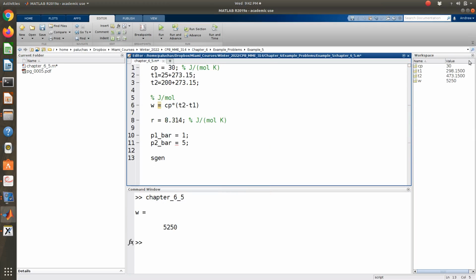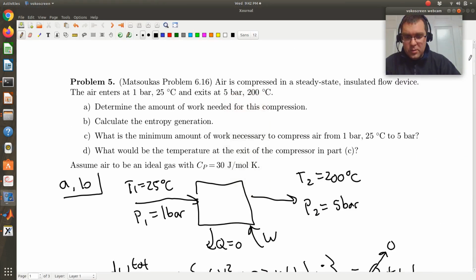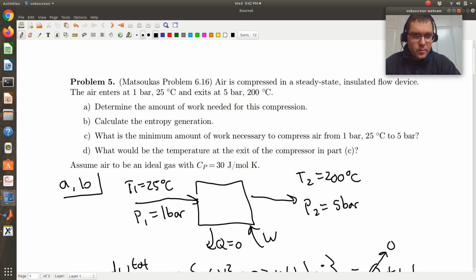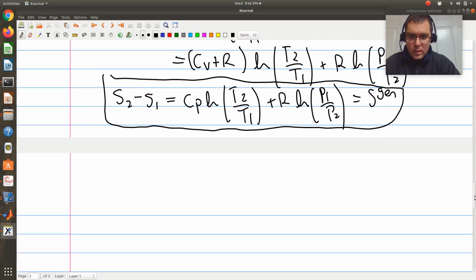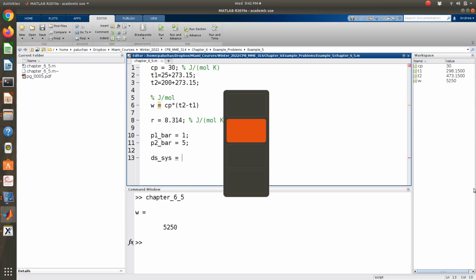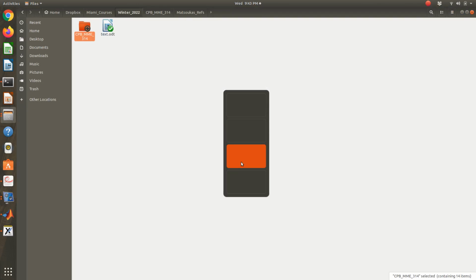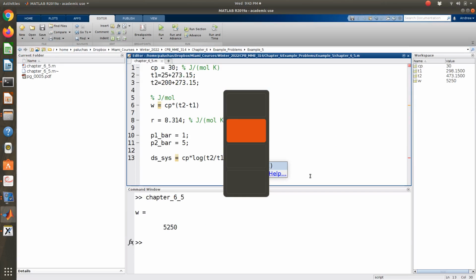Okay, so therefore S gen is equal to, and actually let me calculate, I'll call it DS system, and S gen could be equal to DS system. That's going to be equal to Cp times natural log in MATLAB, log T2 divided by T1, where again we had converted to absolute units for temperature, plus R times natural log P1 over P2.